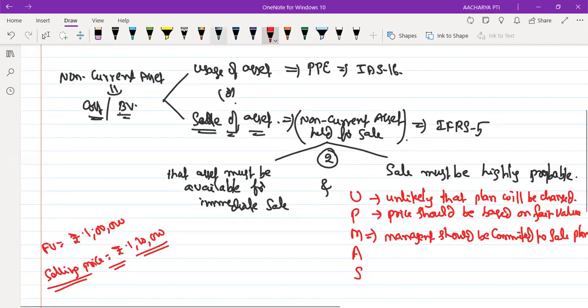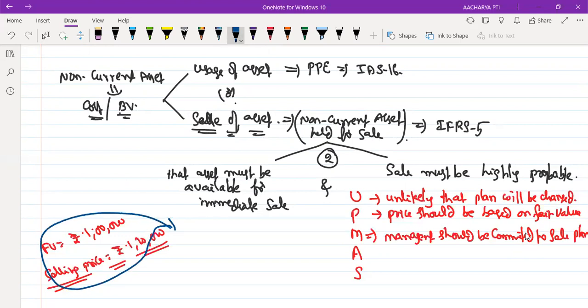If the management fixes the price in this way, that shows a clear intention that the management has no intention to sell the respective asset. They must be committed to sell, and they must be committed to stick to the respective plan for sale of the respective asset.